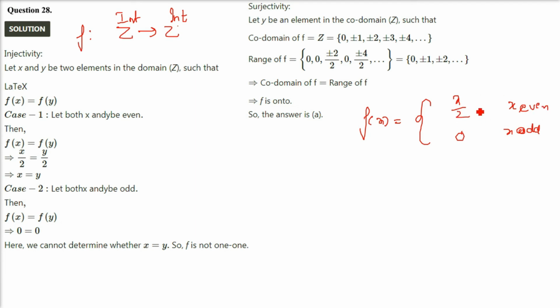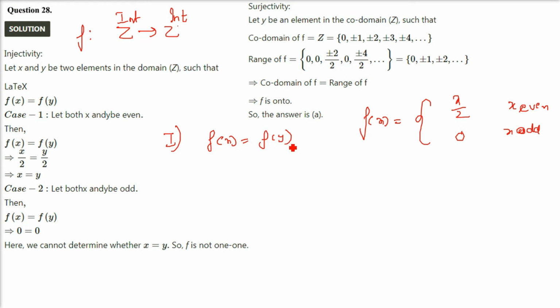First, f(x) equals f(y). Since we have two parts here, even and odd, we have to deal with them differently because the function is different for even and odd. So we have to make cases. We'll make 4 cases: x is even, y is even; x is odd, y is odd; x is odd, y is even; x is even, y is odd.